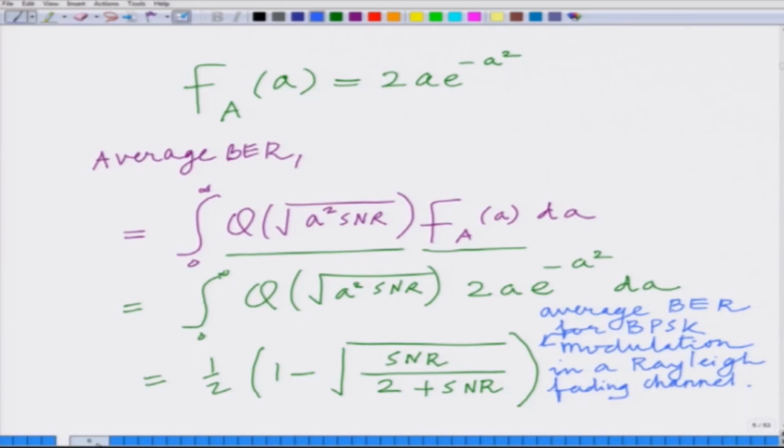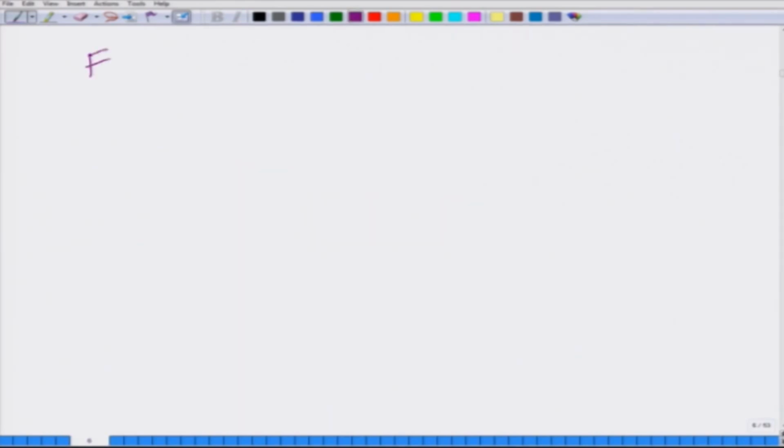And let us do a few examples to understand this better. For instance, let us again do an example similar to what we have done in the case of a simple wire line or a simple AWGN based communication channel.